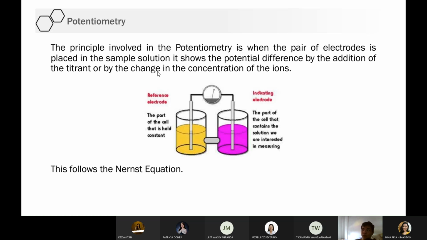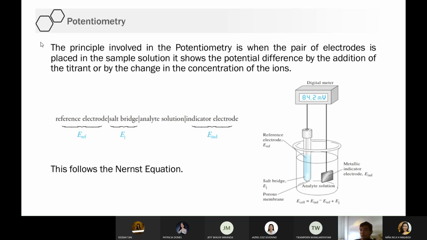In the pH meter, you have a reference electrode and an indicating electrode. This follows the Nernst equation, meaning depending on the voltage, you can get the concentrations, and vice versa. From the concentration, you can predict the voltage.